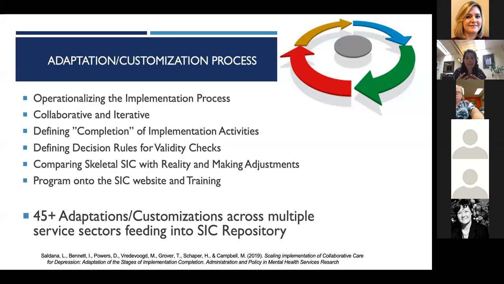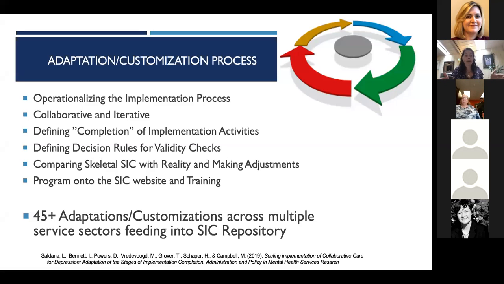As folks are feeding their de-identified data into this SIG repository, we are simultaneously growing and building a very large SIG database of all these different programs that are operating on a very similar scale.